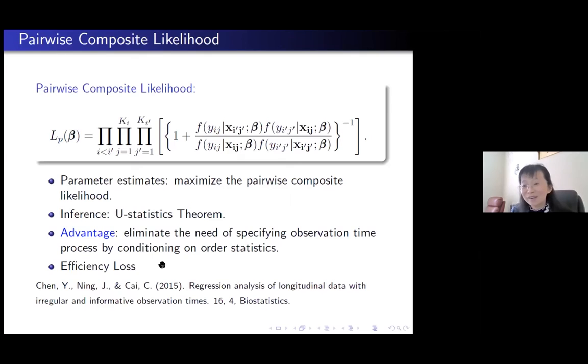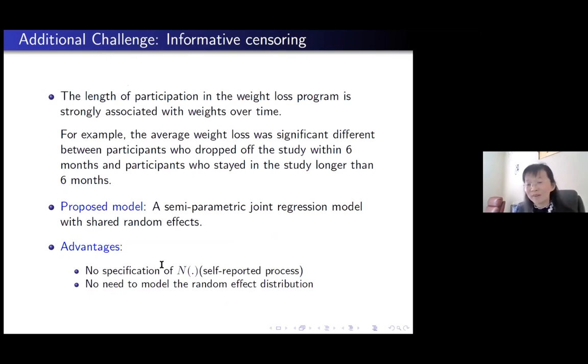However, it is not done yet. For the self-reported data, we have additional data complexity due to the violation of the independent censoring assumption. Our exploratory analysis suggests that the length of participation in the program was strongly associated with weight loss as well.